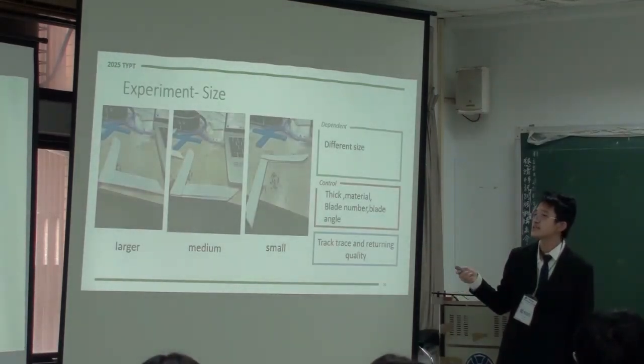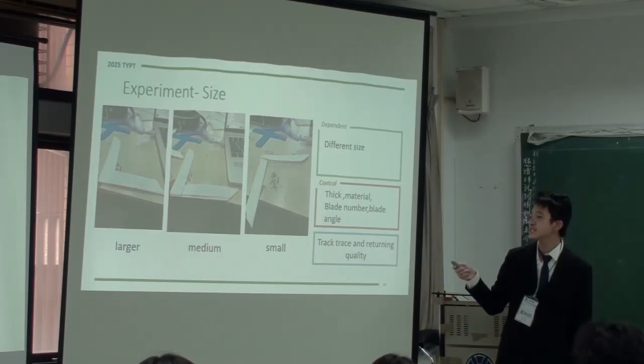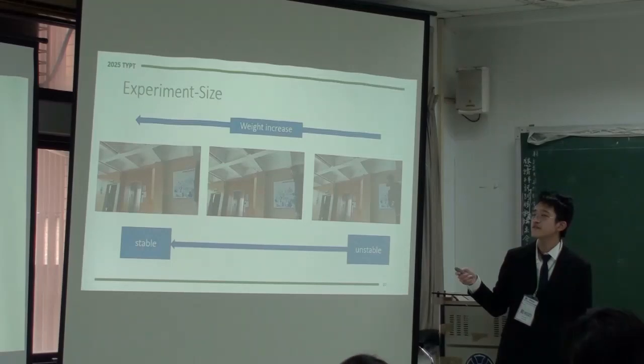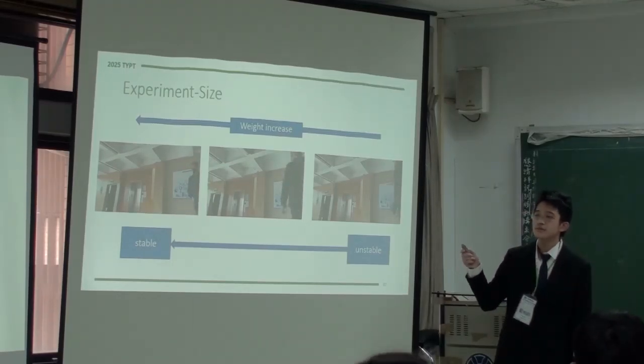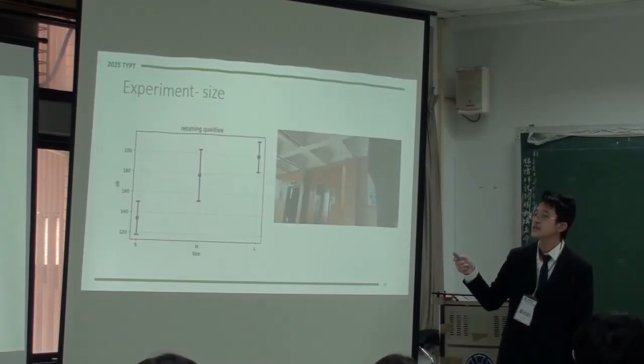And the next is different sizes. I control stick material, the braid number, and the braid angle, and I track and explore the returning quality. In this video we can find out the more weight it has, the more stable the flight will be. And this is the track in different sizes.